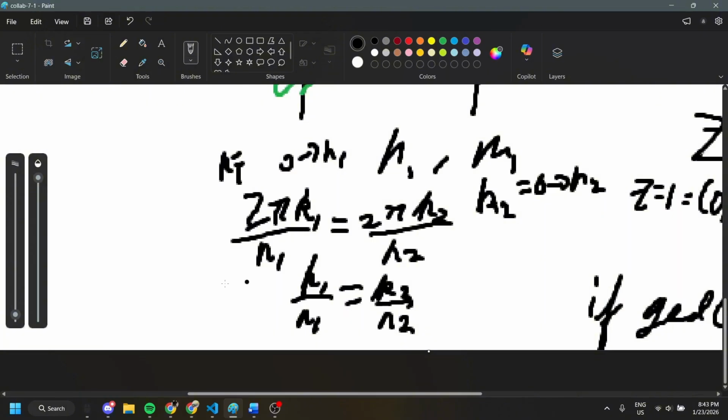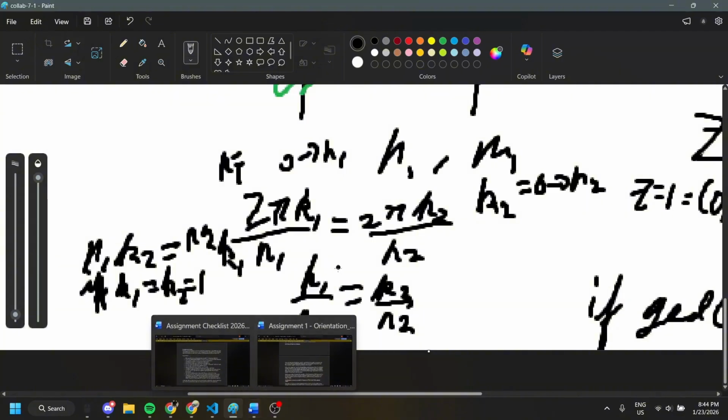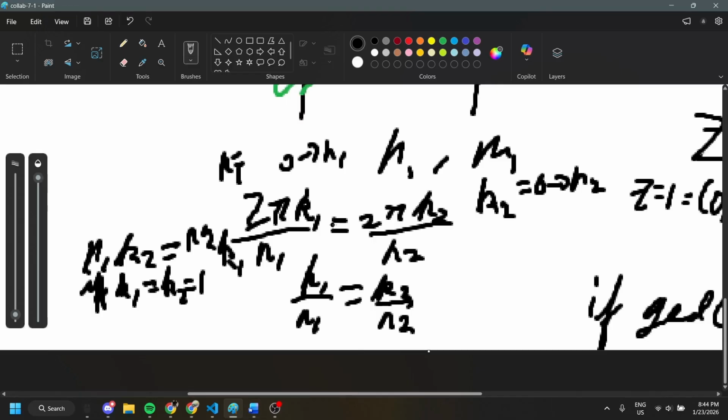So we need to show that n1 k2 is equal to n2 k1 if and only if k1 is equal to k2, which is equal to 0, I think. Because, can you see that? Yeah, that's fine.